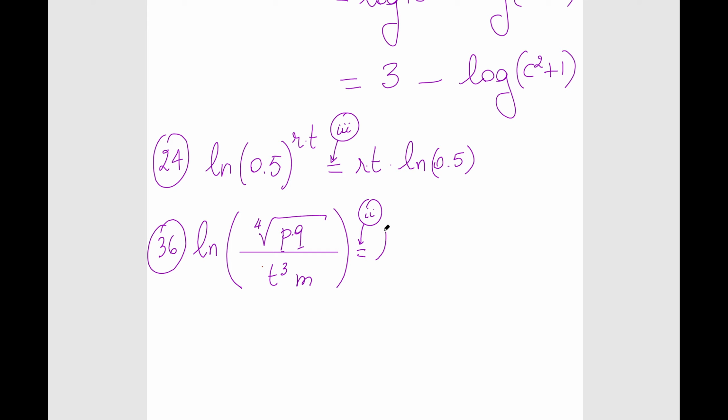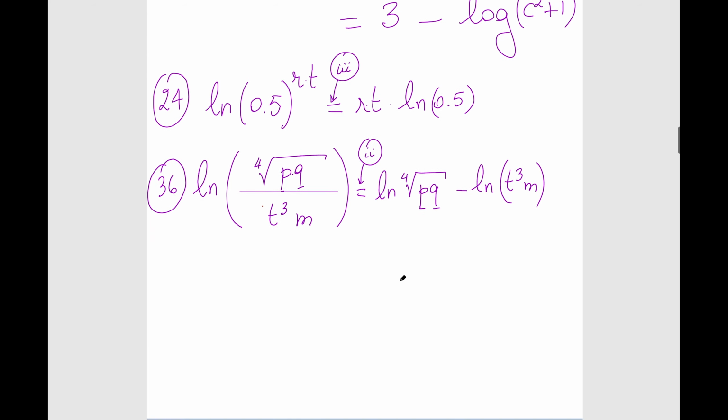So it tells us that it's the log, well, the natural log, of the numerator minus the log of the denominator. Agree with this? Remember, we want to expand as much as we can.